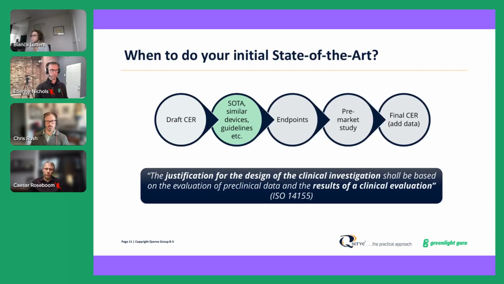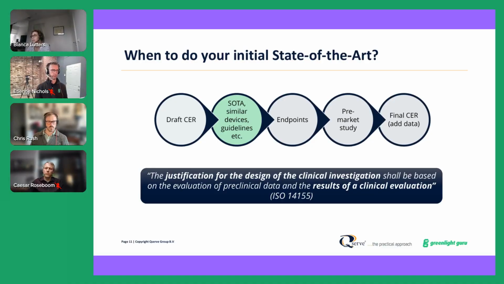At the moment you have your state of the art and your endpoints, if you are smart, you already document that in your clinical evaluation plan and in your clinical evaluation report. Even though they are drafts, that's what you need for Europe to go to the market in the end. And then you only need to update it. Going back to the same papers and redoing the same assessment because you need to write another piece of text, that's a pity.